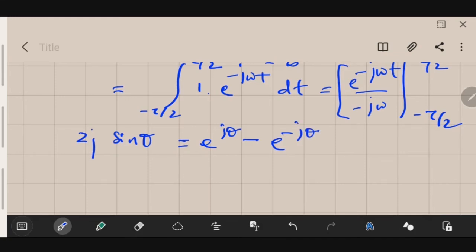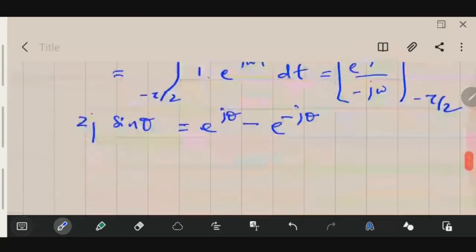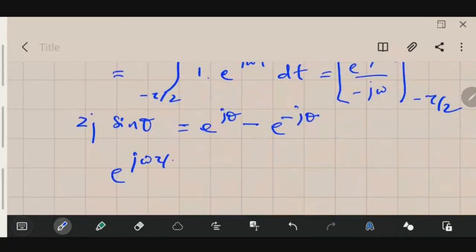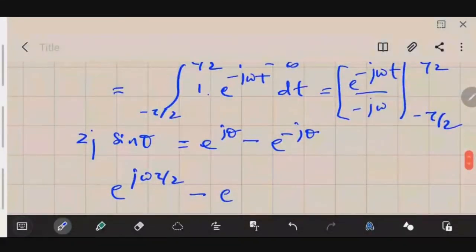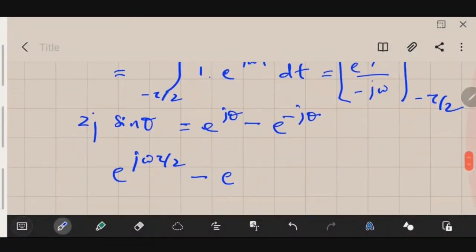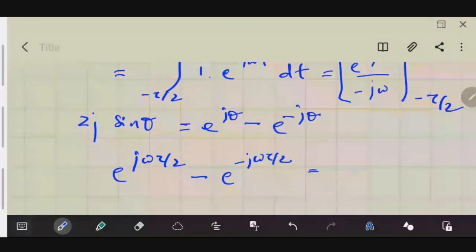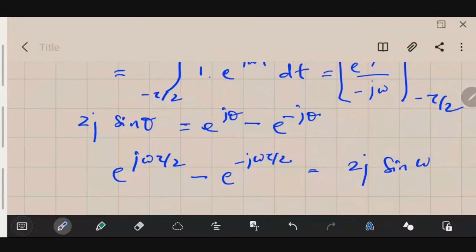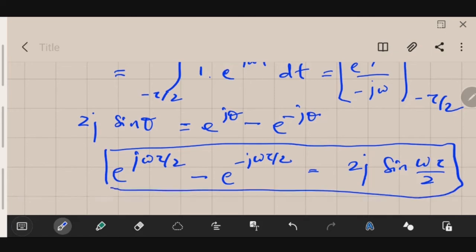If you put the limits there, you will get e to the power j omega tau by 2 minus e to the power minus j omega tau by 2, so we could write it as 2j sine of omega tau by 2. This thing we will be using in the above integral.